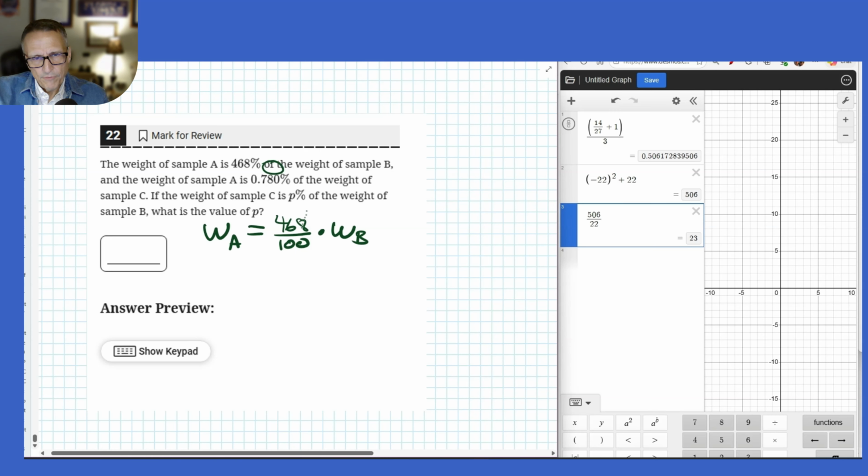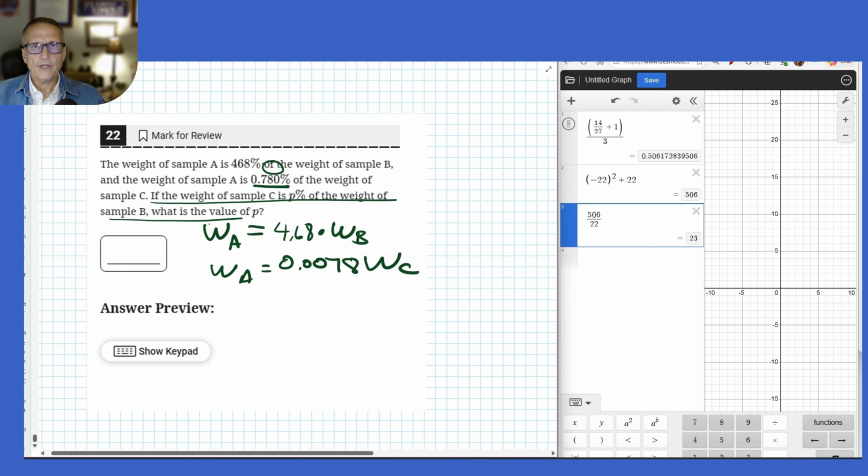Now, I'm going to change this to 4.68, right? You and I know that that is a 4.68. Then, comma, the weight of sample A is 0.78% of the weight of sample C. Well, that's 0.78 over 100, which would be 0.0078 times the weight of C. And then even the question that they give me, I'm going to convert that into an equation.